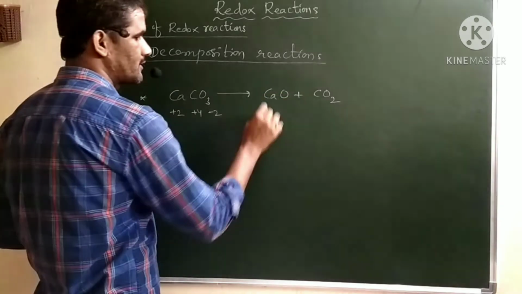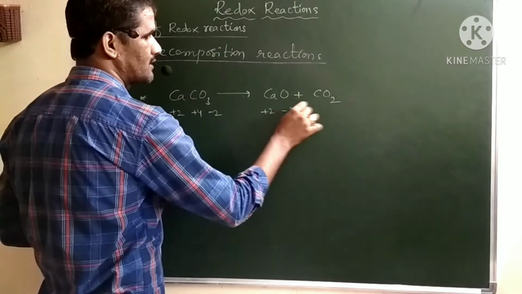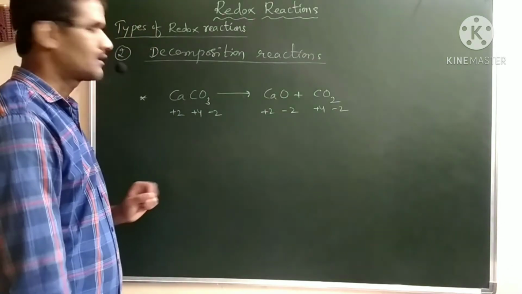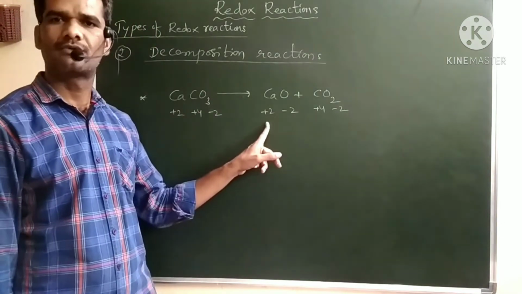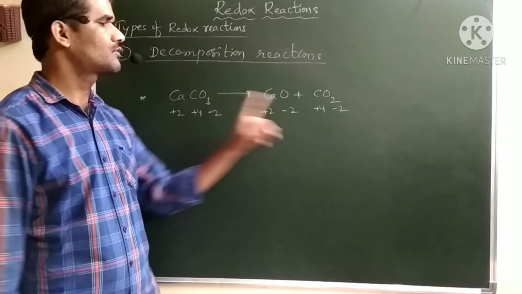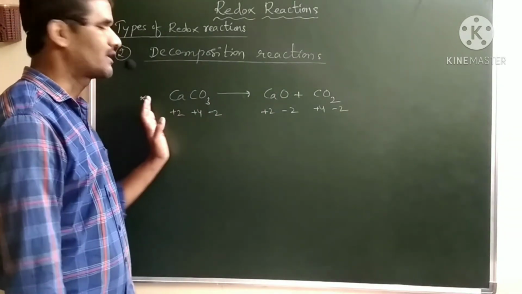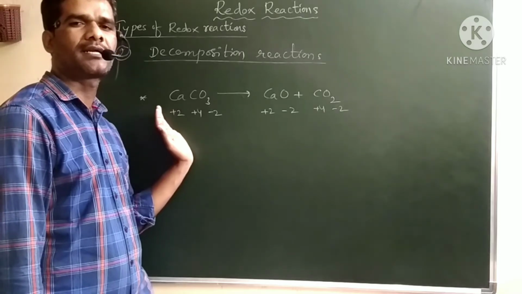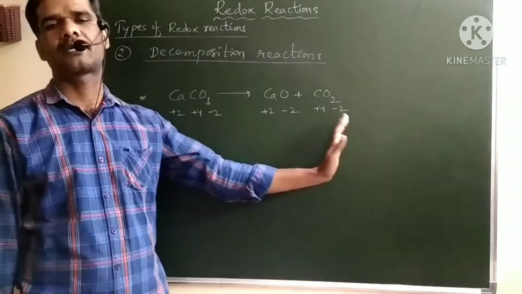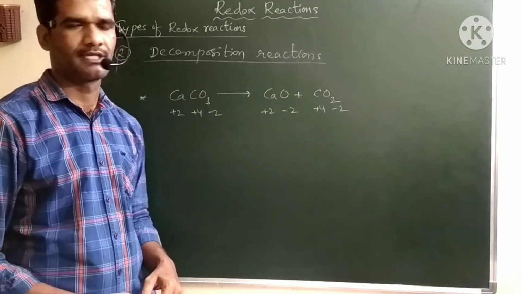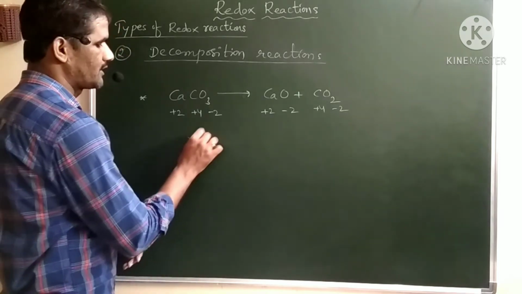And the same in the products: calcium plus 2, oxygen minus 2, carbon plus 4 and oxygen minus 2. Now see, calcium plus 2 to plus 2, no change. Carbon plus 4 to plus 4, no change. Oxygen minus 2 to minus 2, no change. So whatever oxidation states are present in the reactants, the same reappear. There is no increase or decrease in oxidation state. So this is a non-redox reaction.